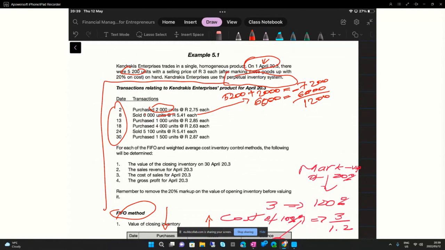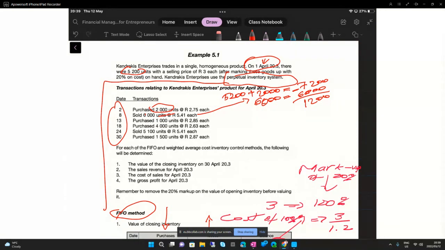happening all the time. You would get some companies, for instance, that have quite good IT infrastructure, and they're able to track items, especially items that are barcoded. They're able to track them all the time, and that makes it easy to have a perpetual inventory system.